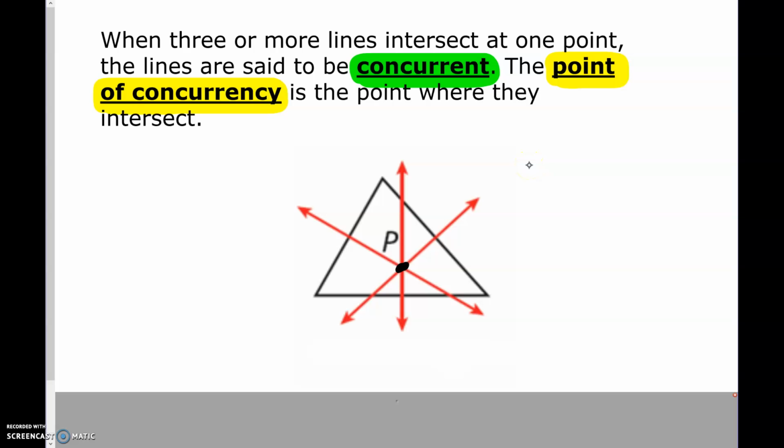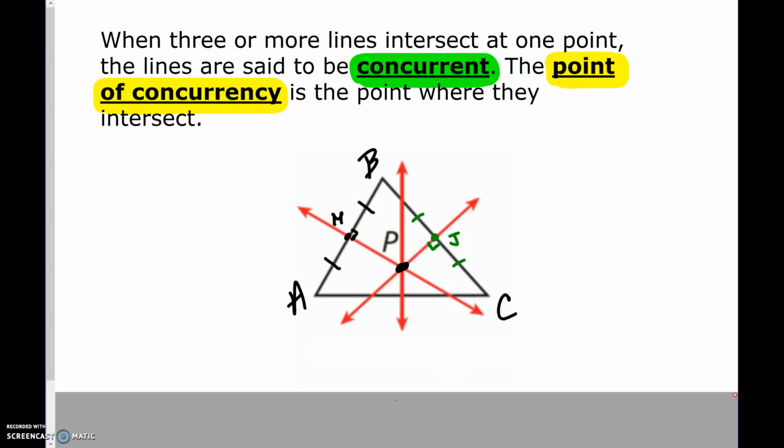Now, our first investigation is going to be perpendicular bisectors, and that's actually what these red lines are. If you look at side AB, this point is at the midpoint, and it's coming down perpendicular. Then we look at BC, and this point right here, J, is the midpoint of BC, and that red line is coming down perpendicular.